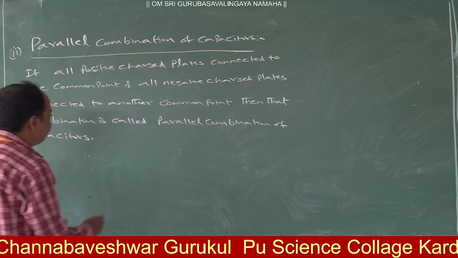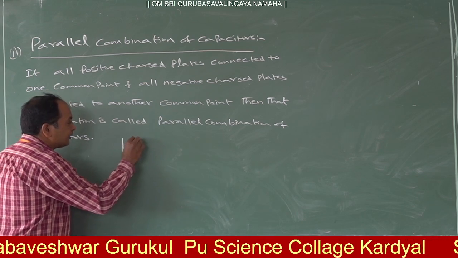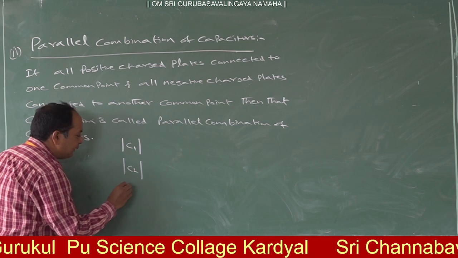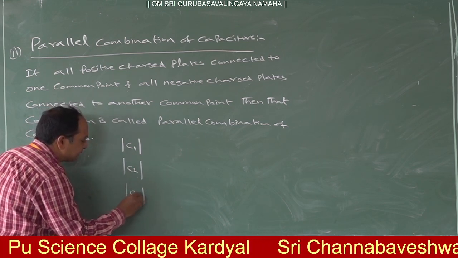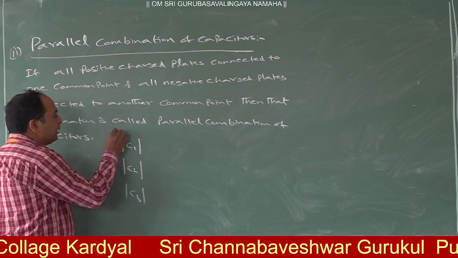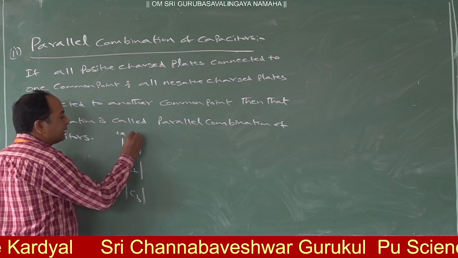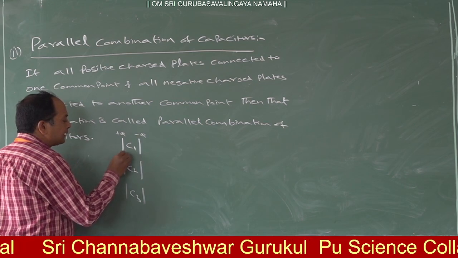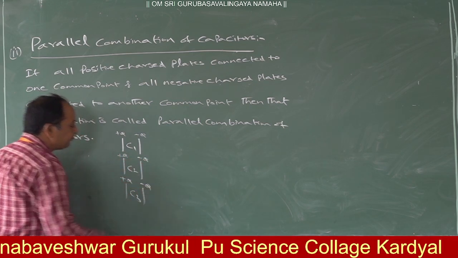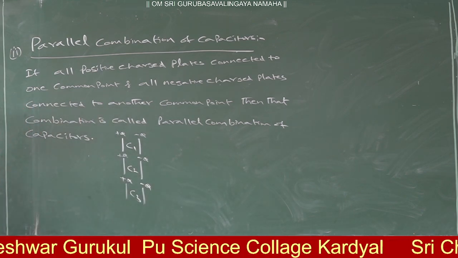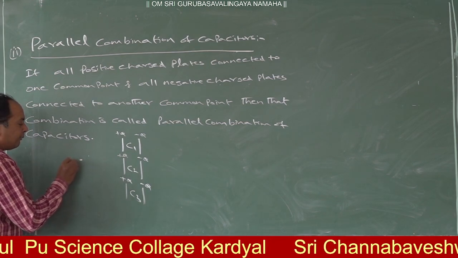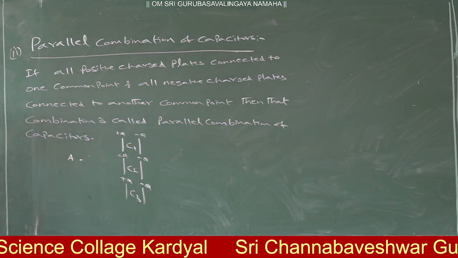Here all these plates are plus Q, minus Q, plus Q, minus Q, plus Q, minus Q. If all positive charged plates are connected to one common point, I am taking A as the common point.